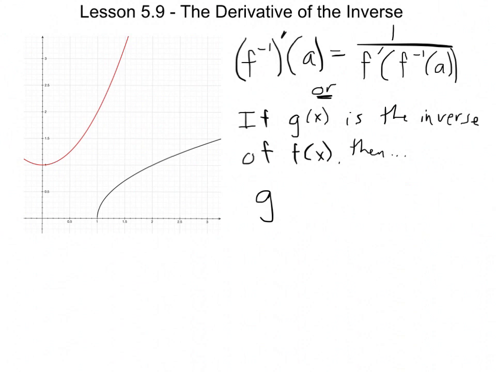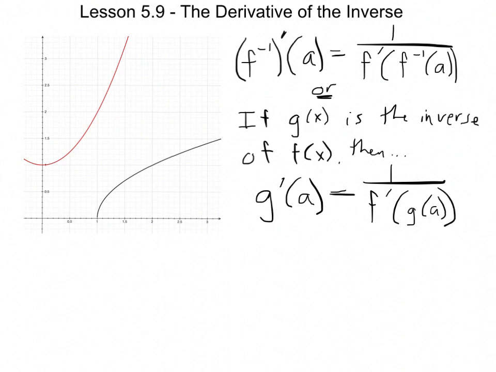It says that g prime of a, the derivative of the inverse at a, is equal to 1 over the derivative of the original function at the inverse of a. I want to try to show you where this formula comes from in the next 2 minutes, and if it doesn't sit well with you, the two examples that follow are pretty clear.